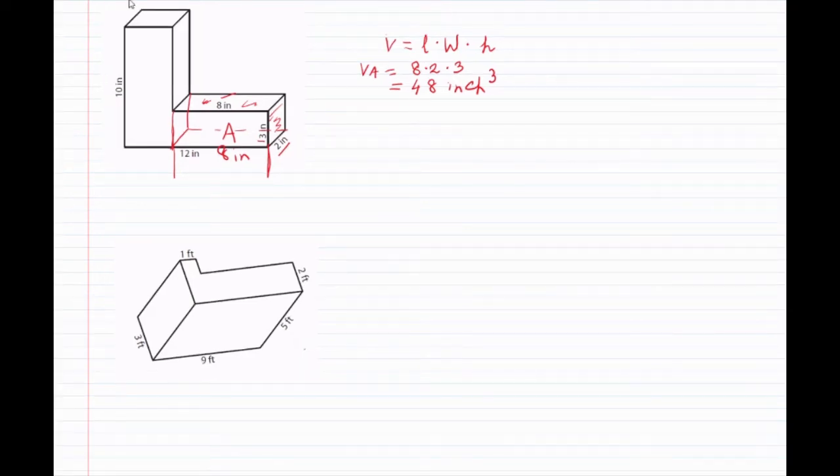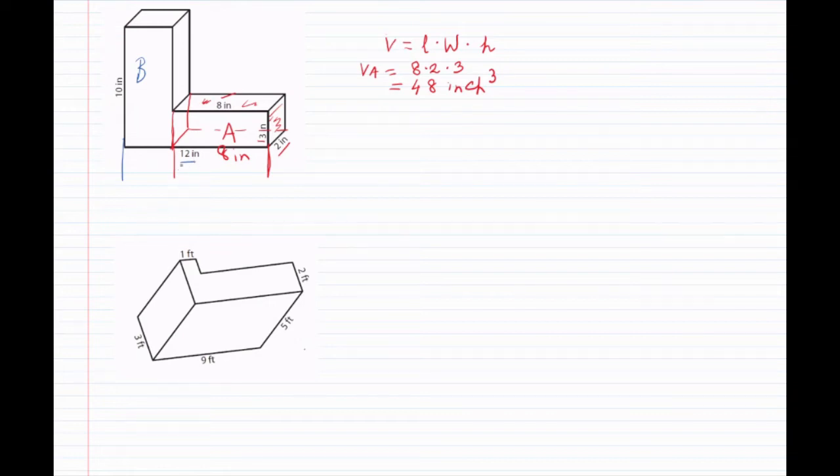Let's look at the other part of the prism. This part, let's consider this as prism B. Now from here, if I extend this line a little bit, I can see from the picture this entire length is 12 inch.